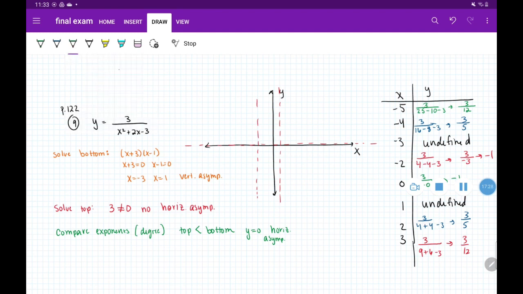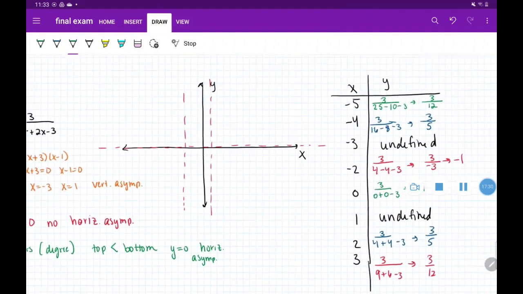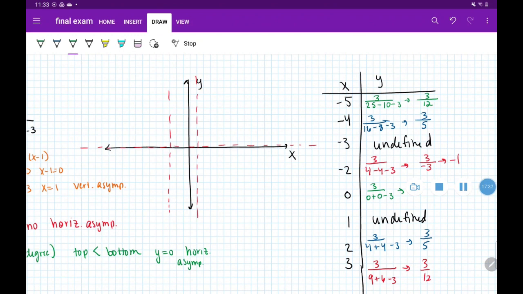So let's plot these points. -5 and 1/4. -5 and 1/4 positive. -4 and 3/5.